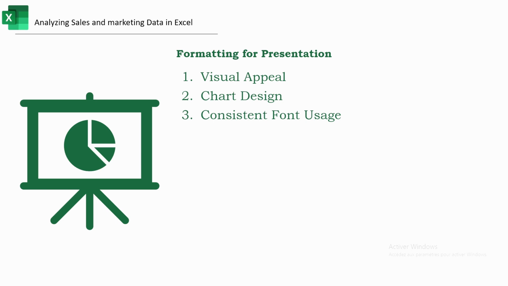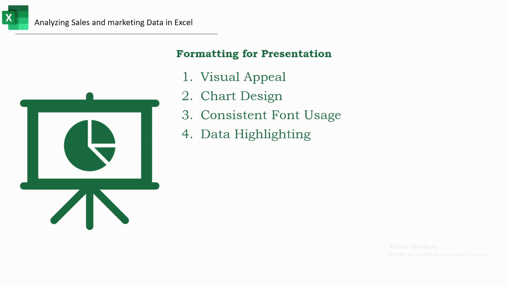Consistent font usage. Stick to a consistent font throughout your Excel report. Ensure that the font size is legible both on screen and when you project during a presentation. Data highlighting. Use conditional formatting, bold text, or color shading to highlight key data points or trends.